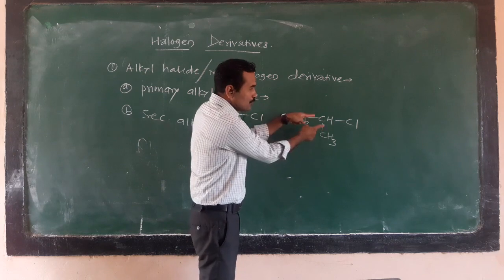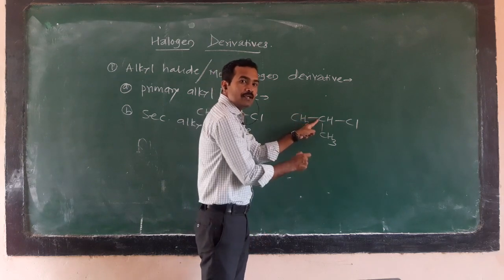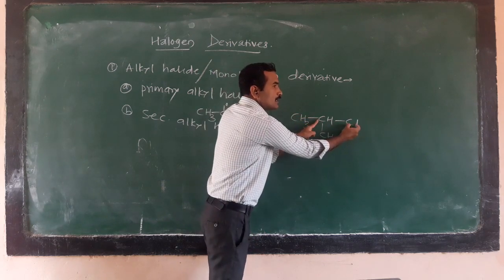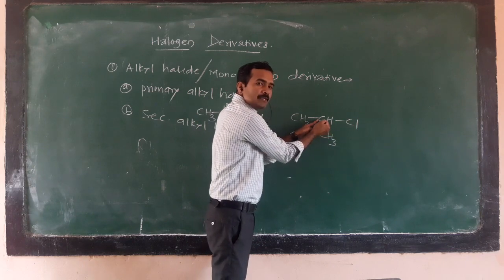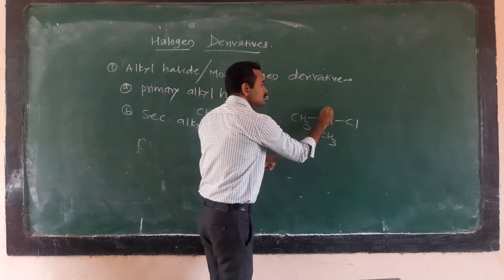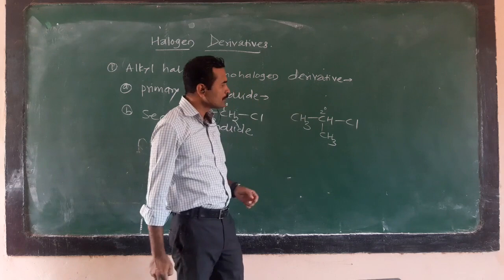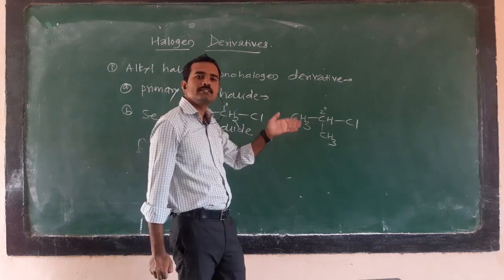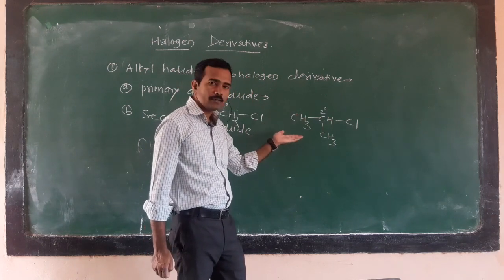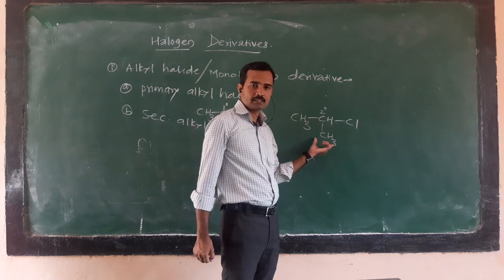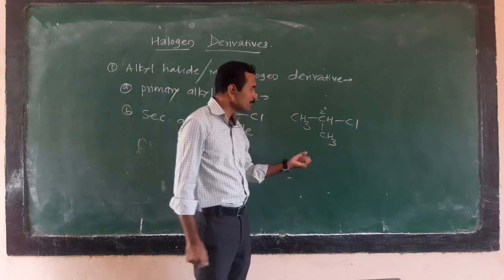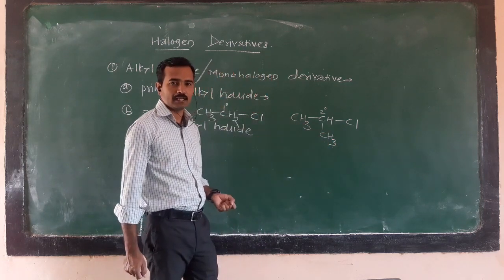So that's why this carbon is secondary, and due to attachment of chlorine to this secondary carbon, this alkyl halide is a secondary alkyl halide. Another name of this alkyl halide is isopropyl chloride. We have taken a nomenclature system; we will also discuss it later. So this is secondary alkyl halide.